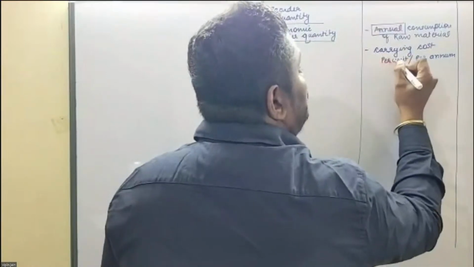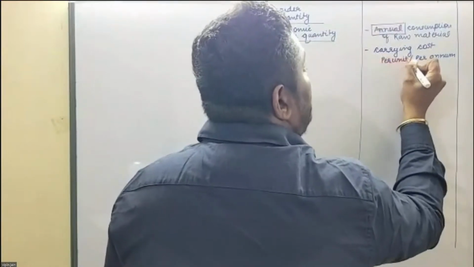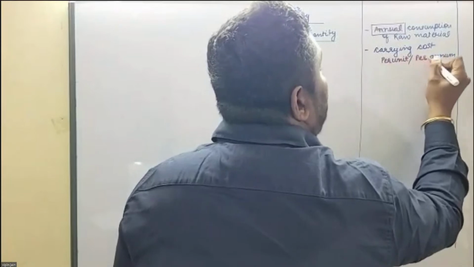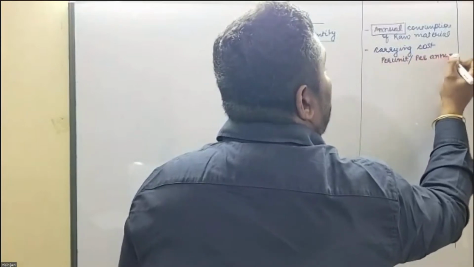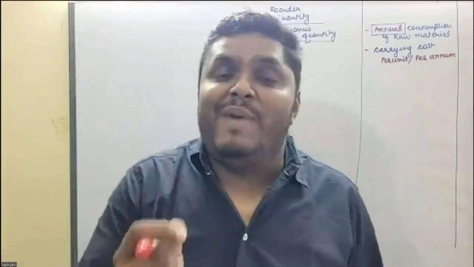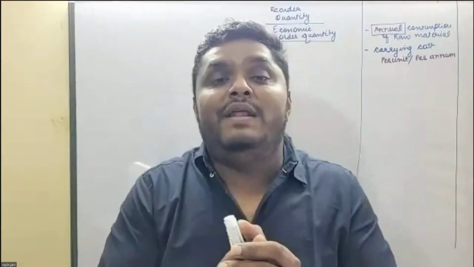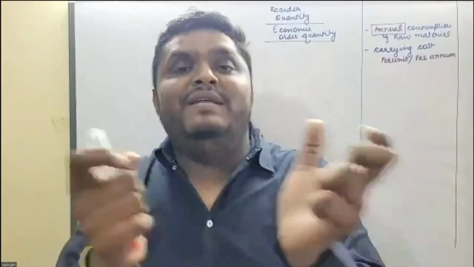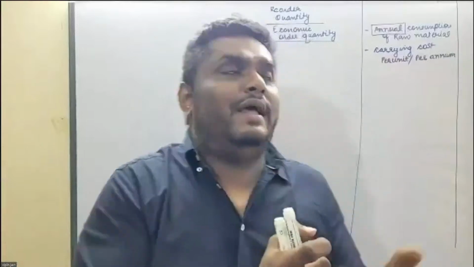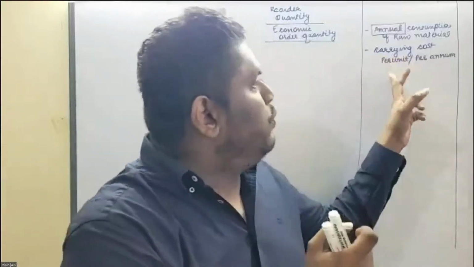Again, it should always be per unit and per annum. The words that are marked in red are very important. Again, to confuse you guys, examiner कई बार क्या करता है, per month data दे देता है या कुछ भी दे देता है. So you have to convert it into per unit and per annum.